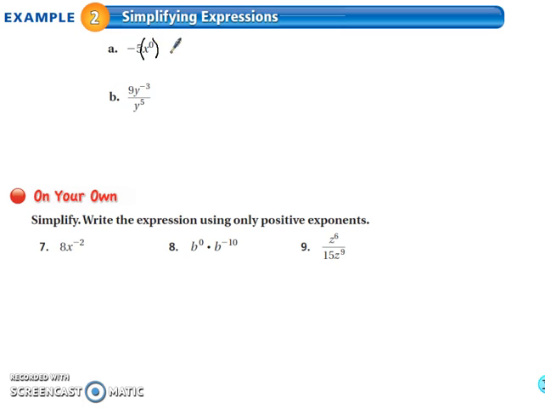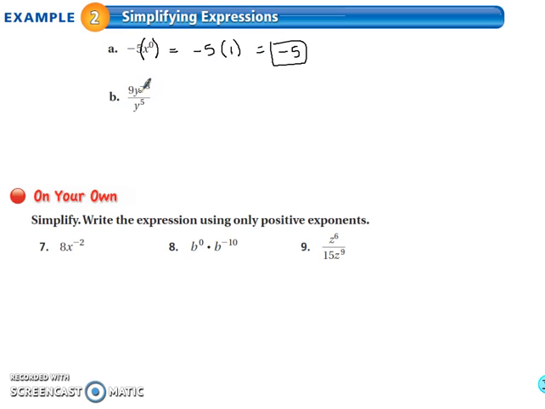The 0 is only applying to the x. So what happens is we end up with negative 5 times something to the 0 power, which would be 1, assuming that your x is non-zero. If x is non-zero, anything raised to the power of 0 is going to give us 1. So this just simplifies down to negative 5.